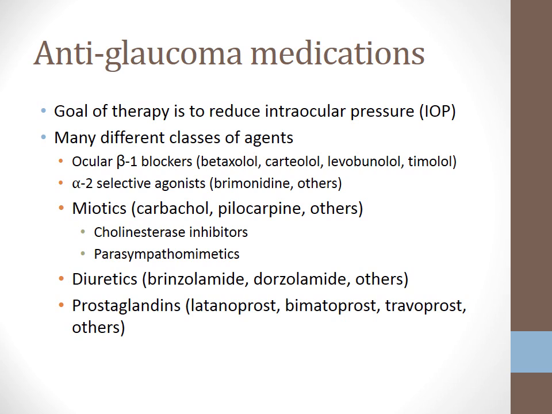So we're going to briefly talk about anti-glaucoma medications. The specific mechanisms of action for these medications are outlined in the text, but basically anti-glaucoma meds lower intraocular pressure by either reducing how much fluid is produced in the eye, and this is called the aqueous humor, or decreasing eye muscle resistance to that fluid, or by helping to encourage outflow of the fluid, or sometimes a combination of all these things.